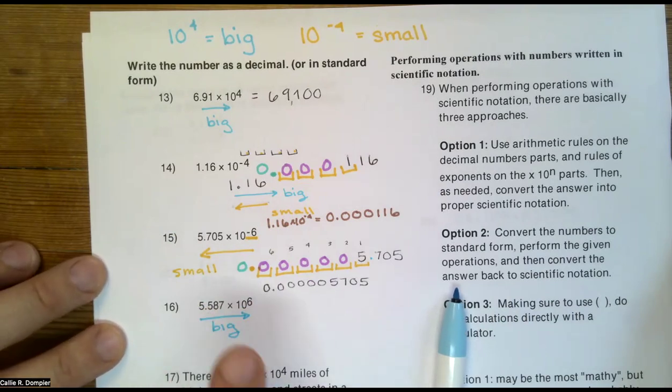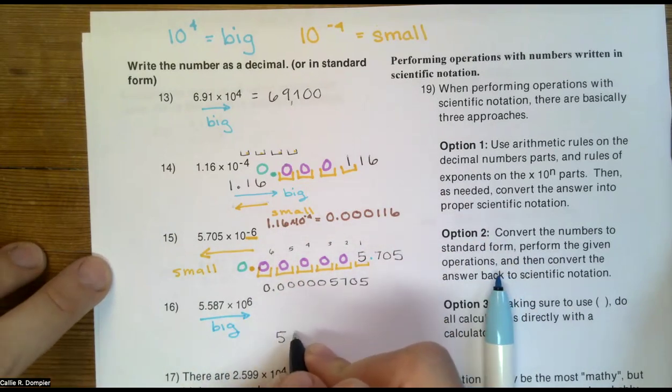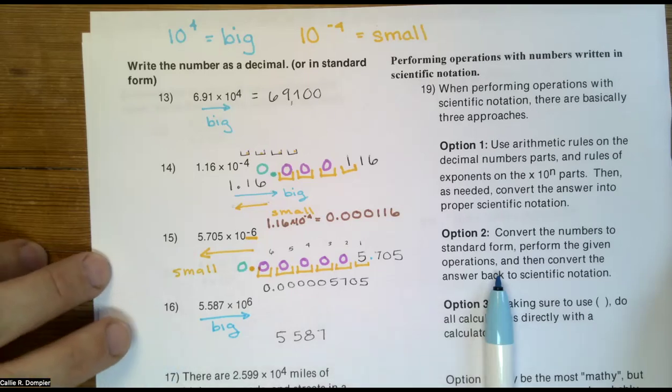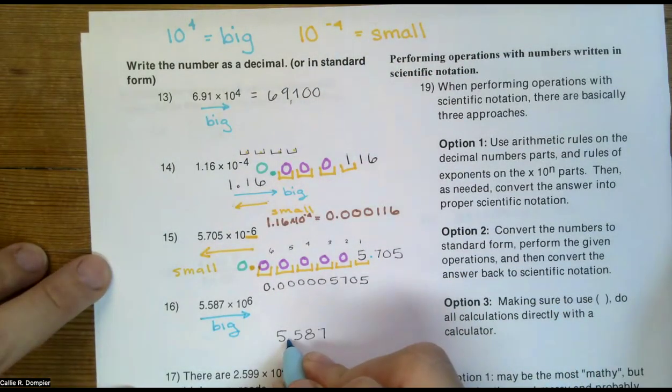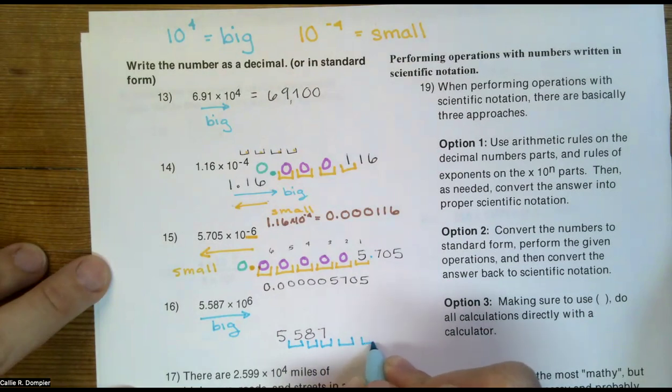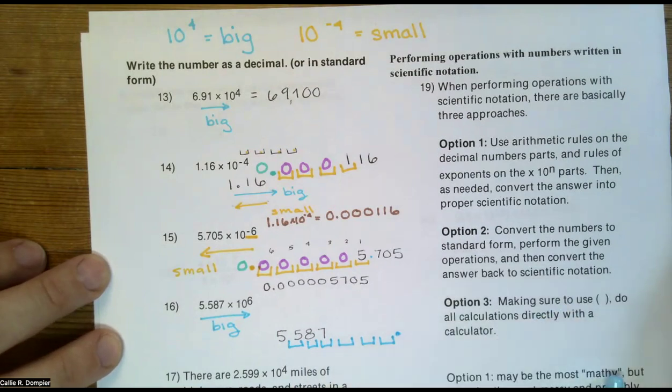So 5.587 becomes 5.587. Again, we were starting right here, and we're going to move it 6 places. So this is 1, 2, 3, 4, 5, 6. And we're going to end right there. After the 6th, we're going to fill in the missing zeros.